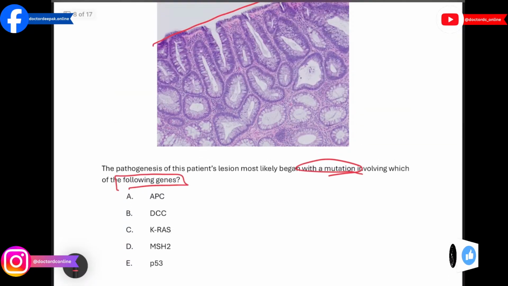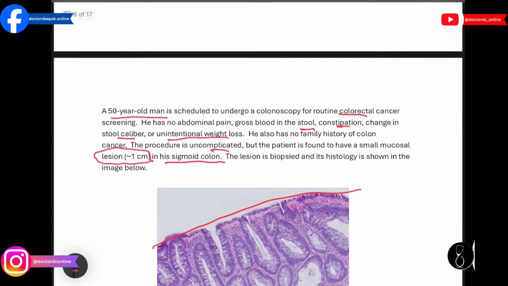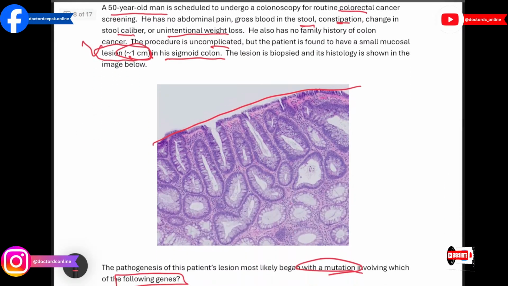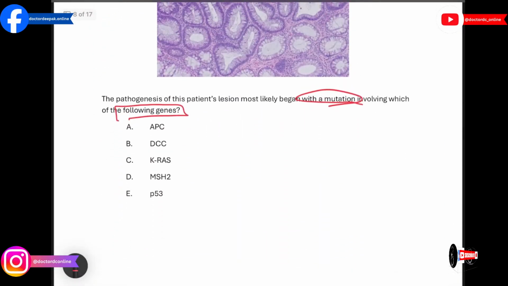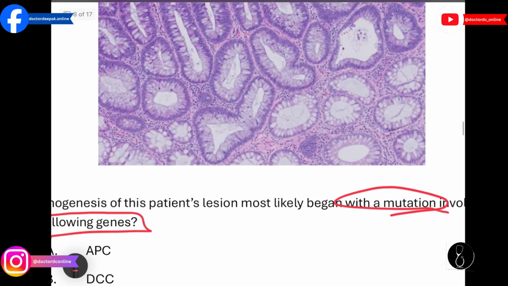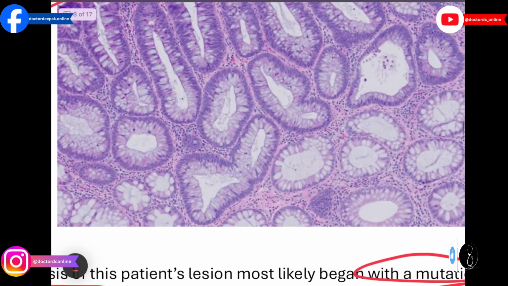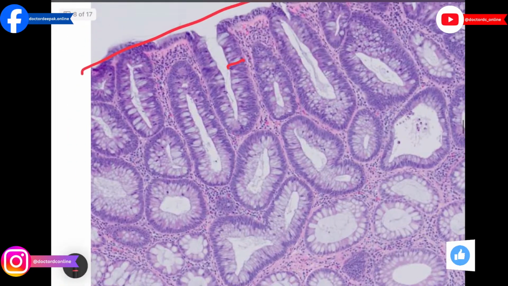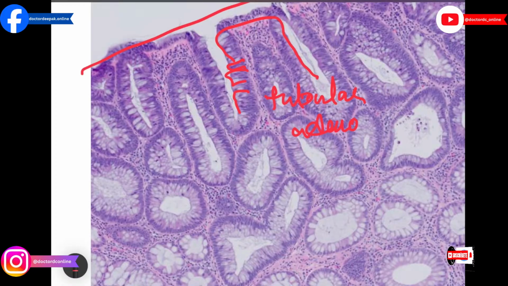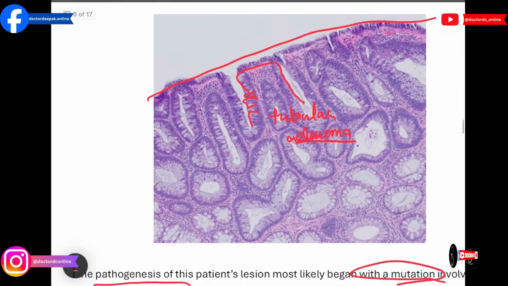But how can we diagnose? First, we have to check the lesion. The size of the lesion is approximately 1 centimeter, okay? And think about the diagram. So that is a tubular adenoma. Okay?